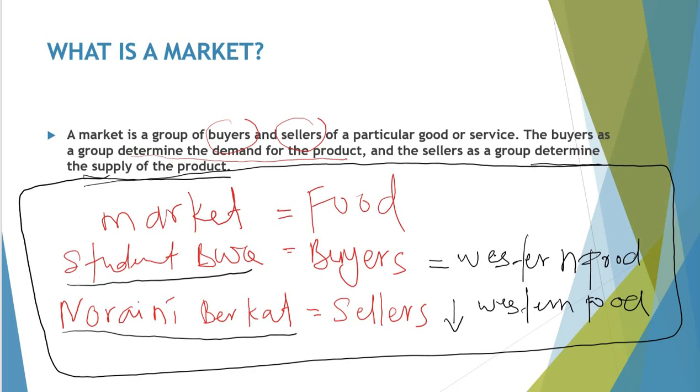Macam sebelum ni Proton ada redesign Proton Saga and also Proton Persona. Bila dia redesign Proton Saga dan Proton Persona, dia keluarkan model yang baru, design yang baru, with new features. So what happened to the price of the previous version of Saga and also Persona?